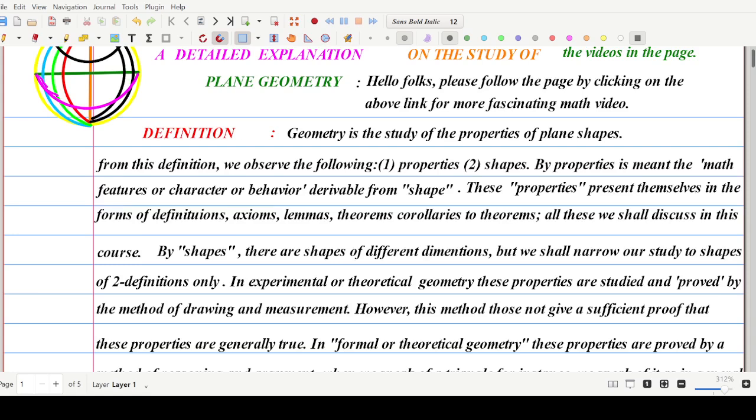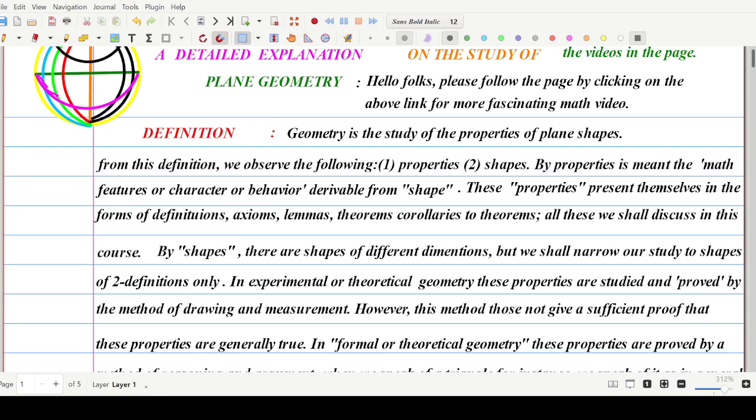Because they can be drawn on the plane. When we say plane, a plane can be regarded as any flat surface. So any shape you draw on that flat surface is regarded as a plane shape. So that means a triangle, circle, rectangle, and so on and so forth, they are all plane shapes.